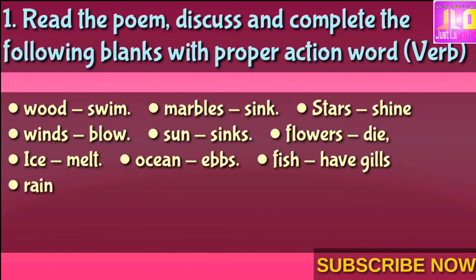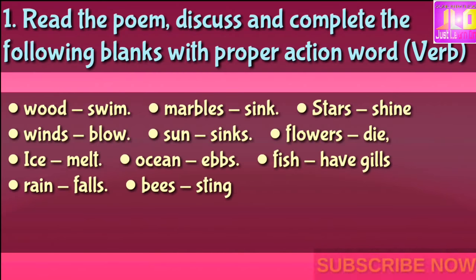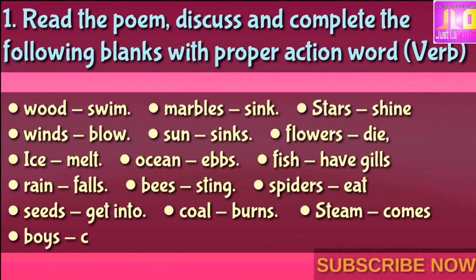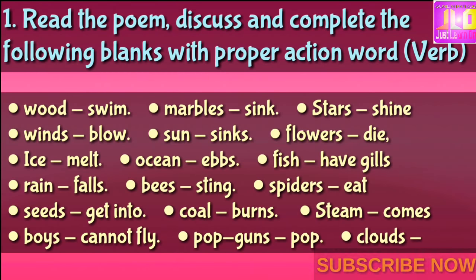Answer: wood swim, marble sink, stars shine, winds blow, sun sink, flowers die, ice melt, ocean ebbs, fish have gills, rain falls, bees sting, spiders eat, seeds get into, coal burn, steam comes, boys cannot fly, pop gun pop, clouds cross.